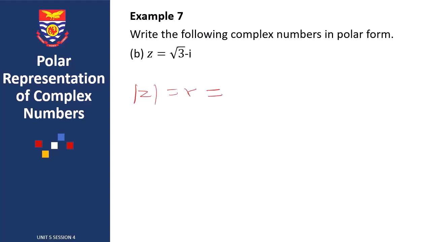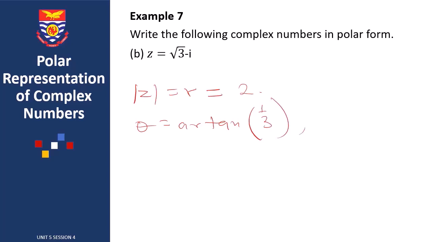You get the square root of 4, which is 2. Then you find theta using the arctan of B on A, that is minus 1 on the square root of 3, or 1 on the square root of 3. Don't forget about B on A.